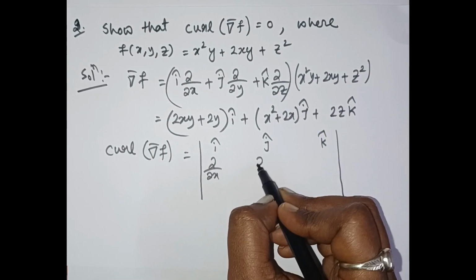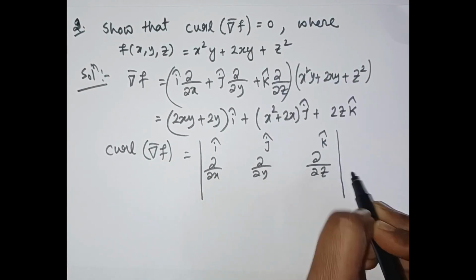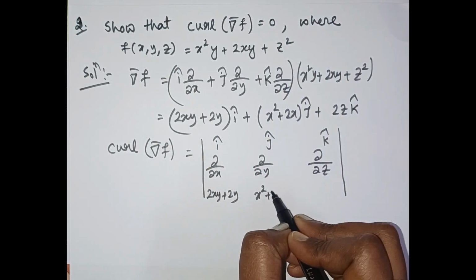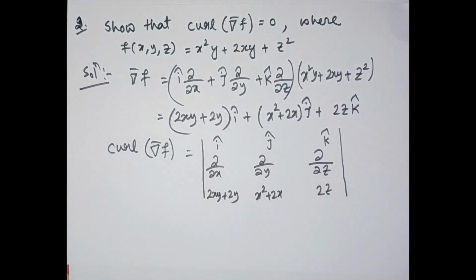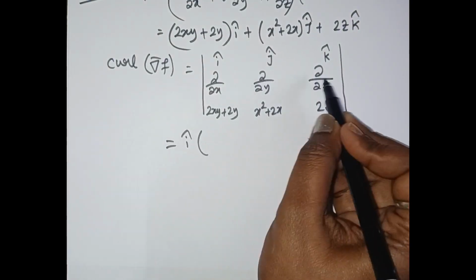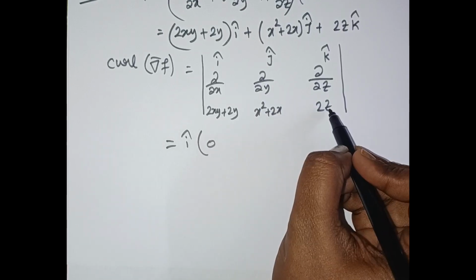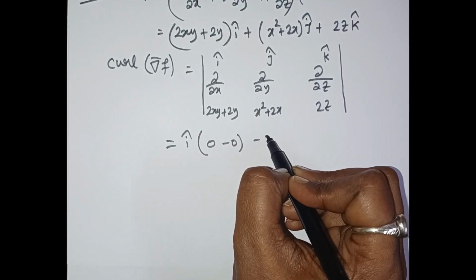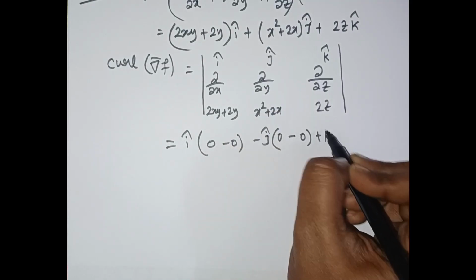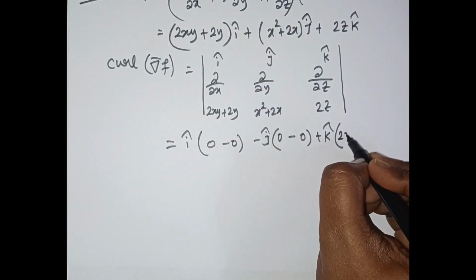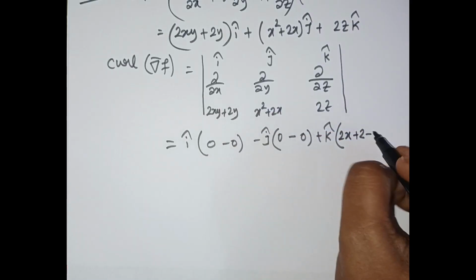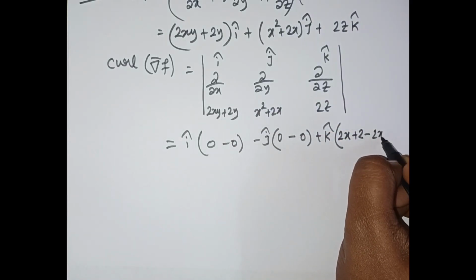Again find curl of this grad f, then determinant of i j k, del del x, del del y, del del z, 2xy plus 2y, the first function. Second function is x square plus 2x, and third function is 2z. So if we calculate this determinant, then i with these two minus these two, so this will be 0 because this is a function of z, and this is again 0, minus j cap, this is 0 minus this is again 0, plus k cap, this is 2x plus 2 minus again with respect to y, this will be 2x minus 2.